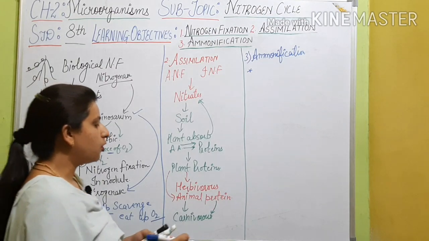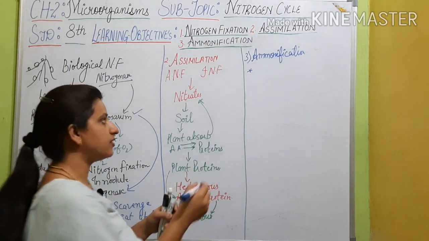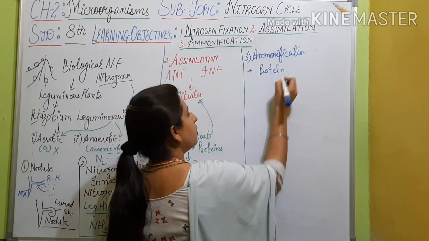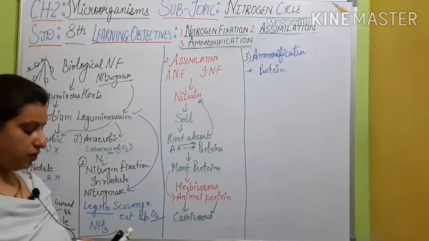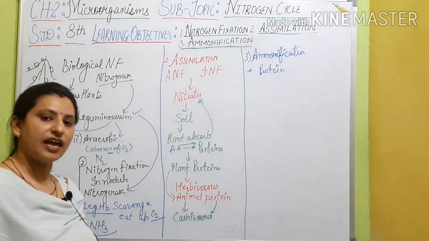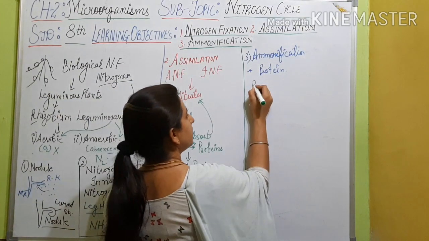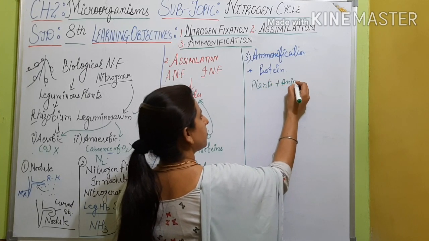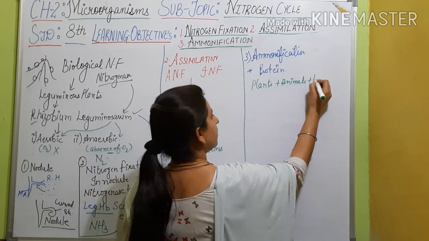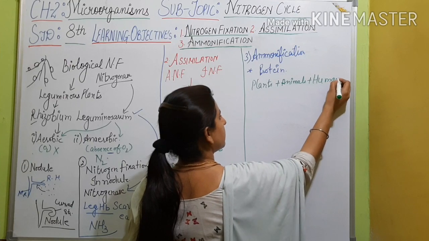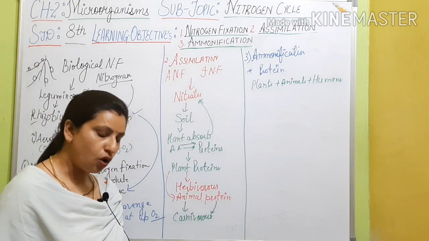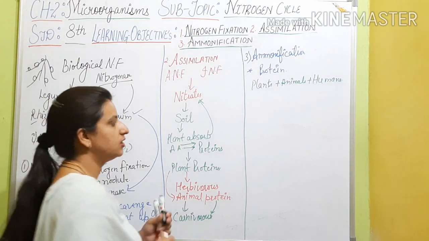Finally, this complex protein which is present in the body of all the three, plants, animals and humans. Now all the three will die out.